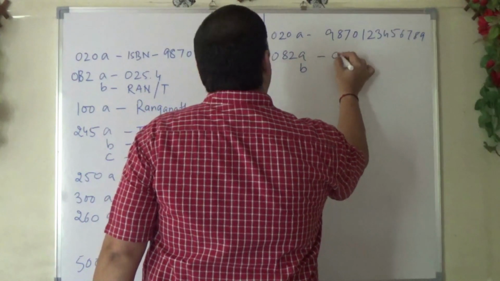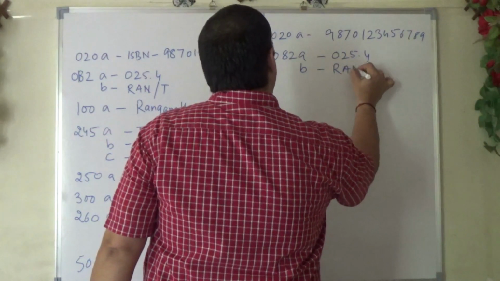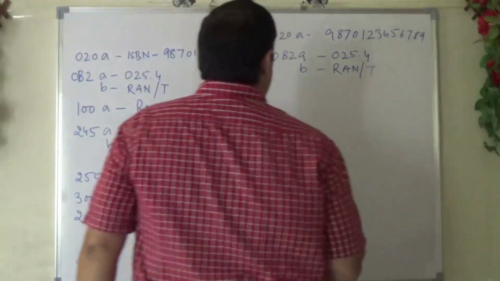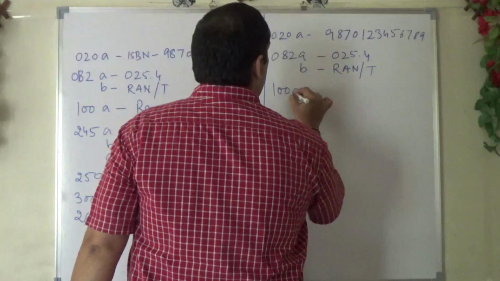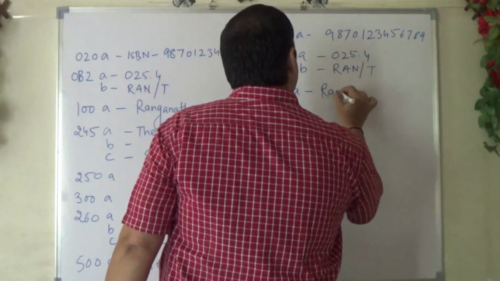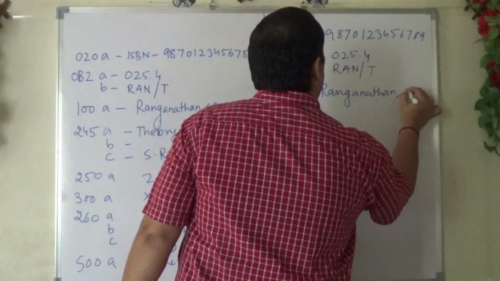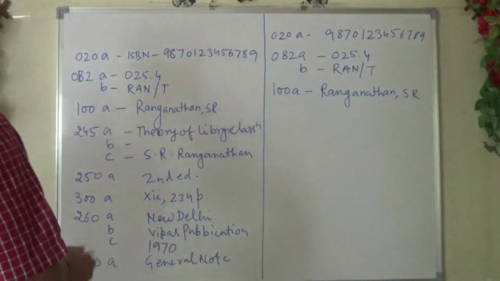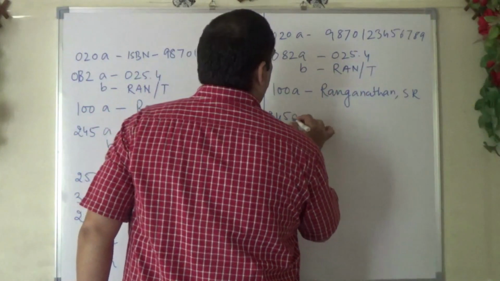So simply the class number and the book number will be written in the respective tag number and field. Now the 100A will also not have any punctuation. So we write Ranganathan, S.R. And then the punctuation starts in 245, where we add the title.